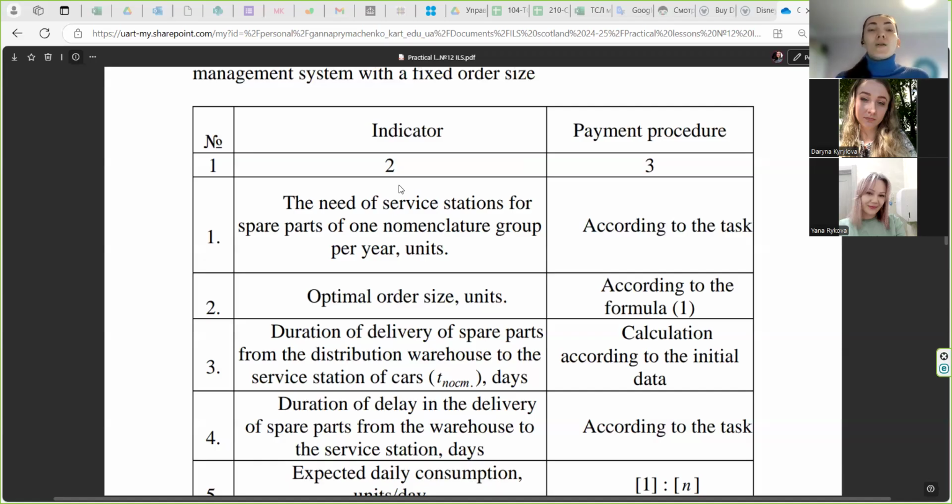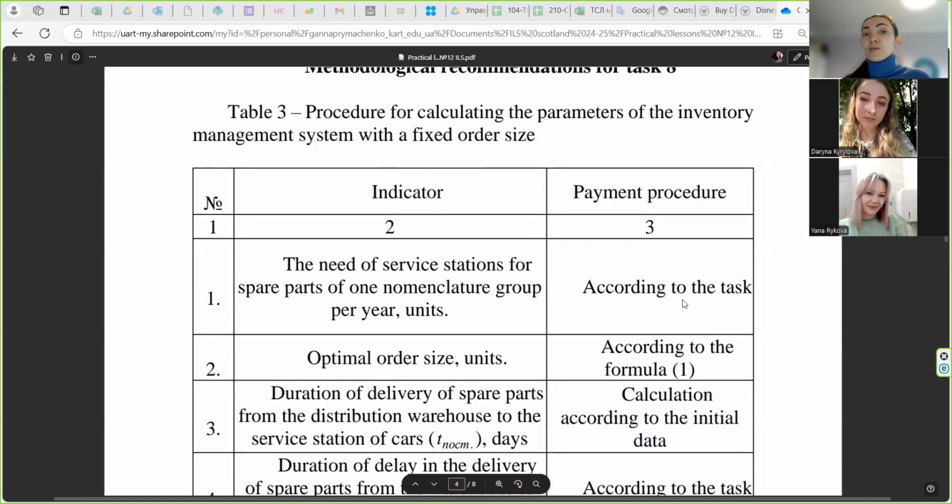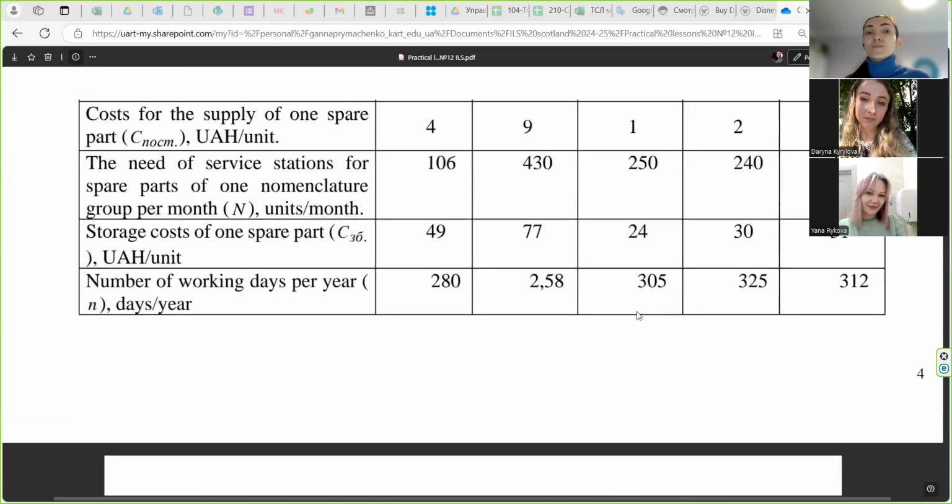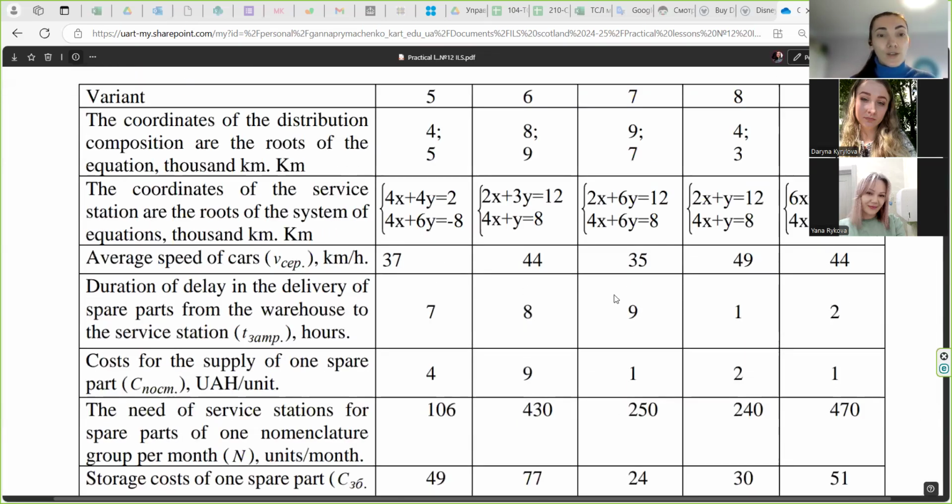We can use only the third column and write, for example, 1 point, and according to the task, the information we need, the need of the service station for spare parts of one nomenclature group. How many units we need for our cargo station. Okay, try to find this information.